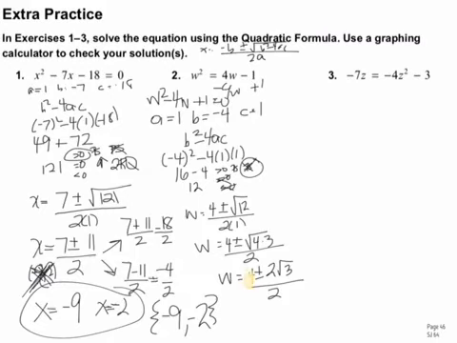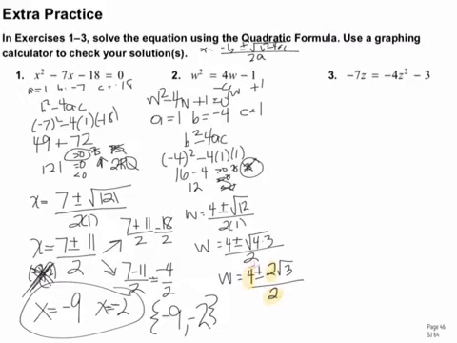This fraction has these numbers that aren't under a radical. I'm going to write them back in. I have 4, 2, and 2. Do those three numbers have a common factor? And hopefully you know the answer is yes. This is a fraction.